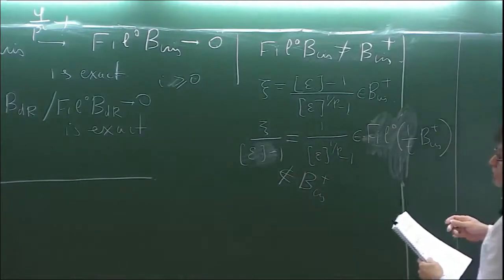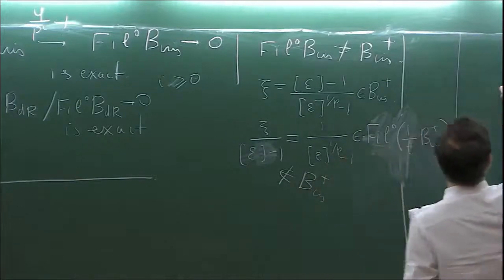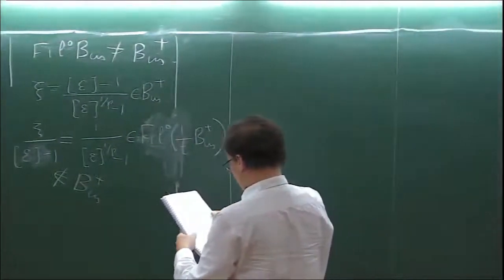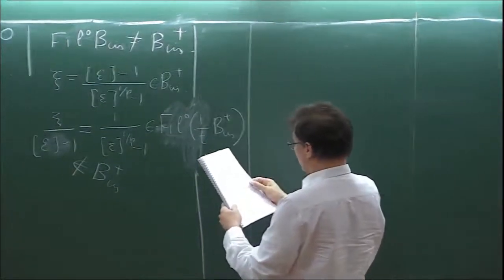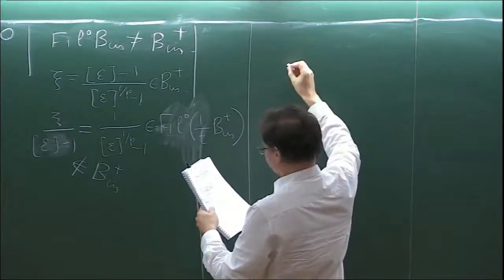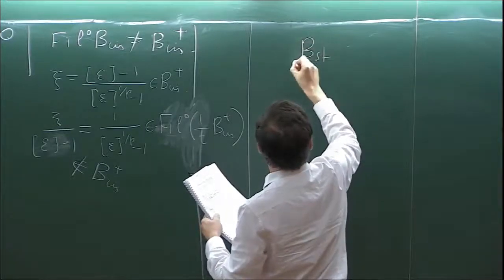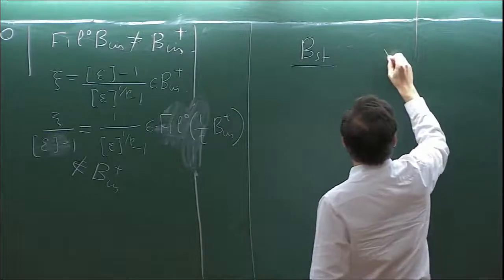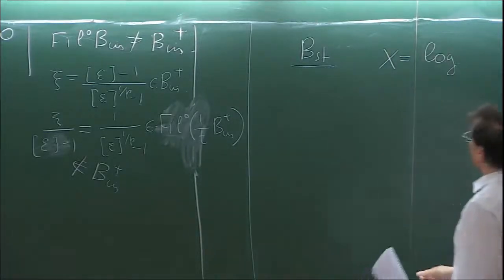Just to finish this list of rings of p-adic periods, I will introduce the last ring, the ring of semi-stable periods, B_st, which is defined in the following way.